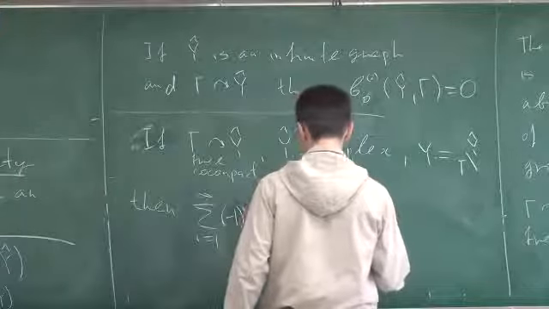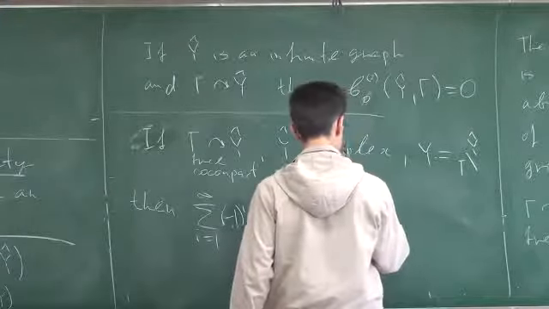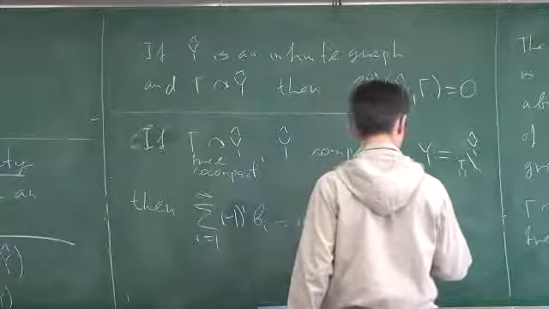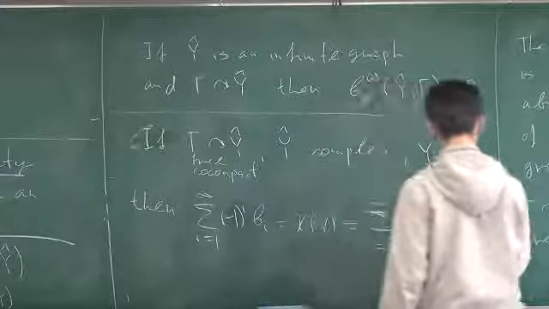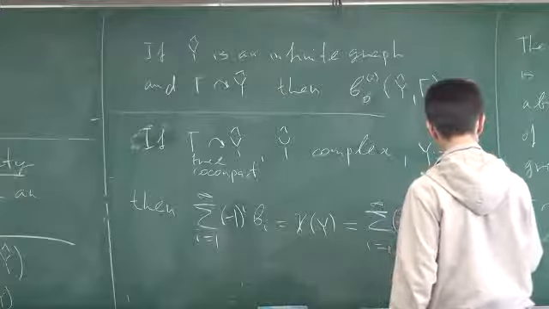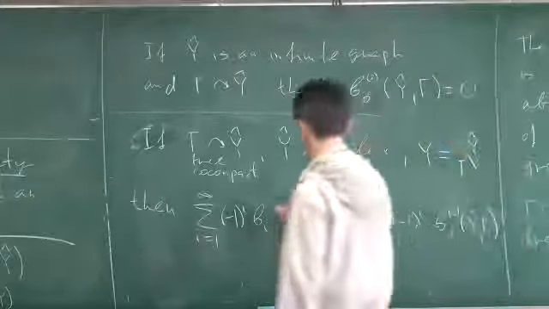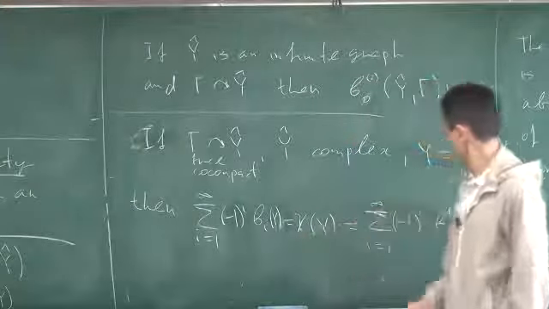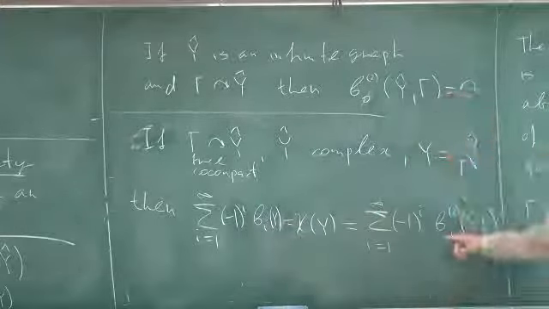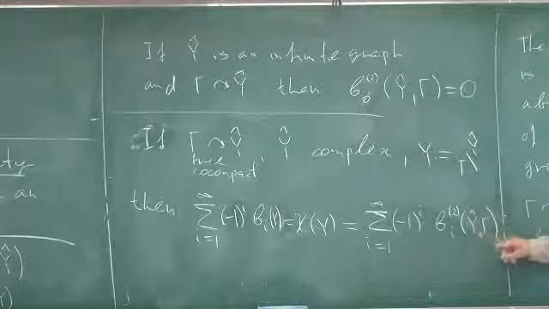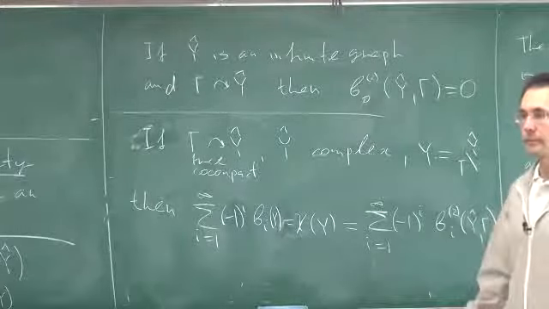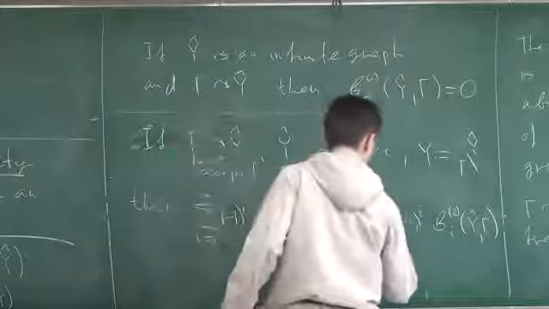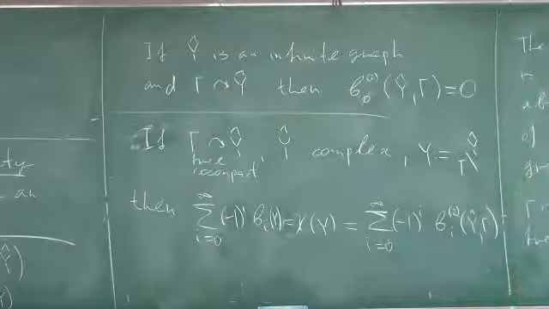And this is the alternating sum of the L2 Betti numbers of Y hat with respect to Gamma. These are the usual Betti numbers of Y, and these are the L2 Betti numbers of Y hat with respect to Gamma. Does this start from 0 or 1? Oh, yeah, sorry, 0. So these numbers happen to be the same.